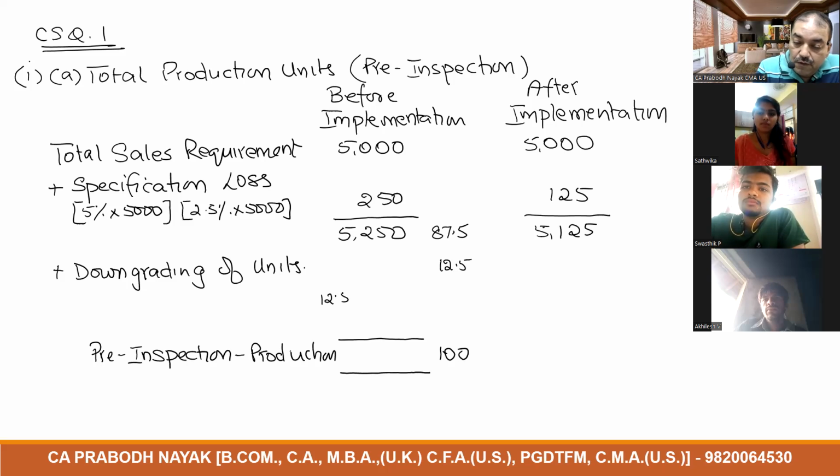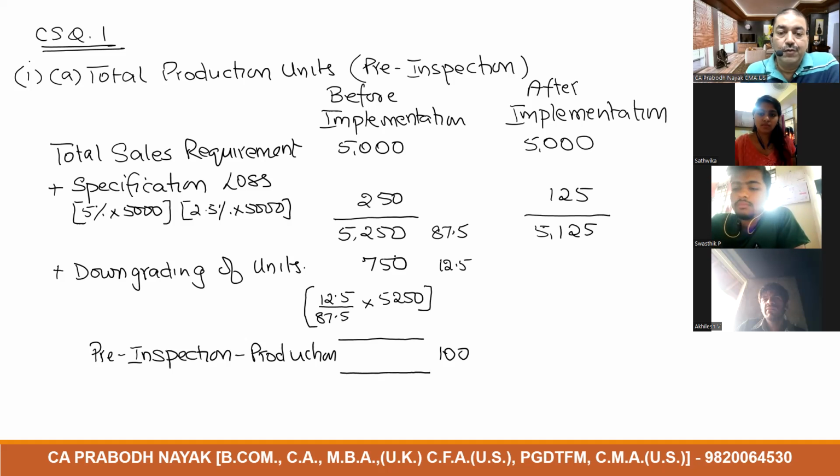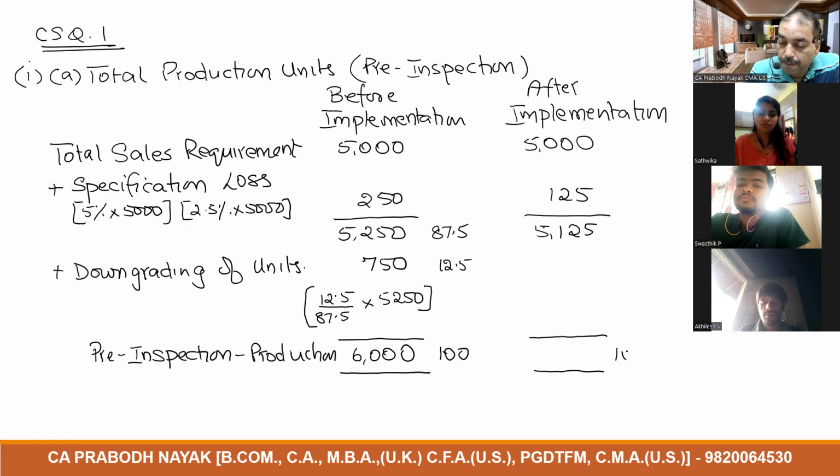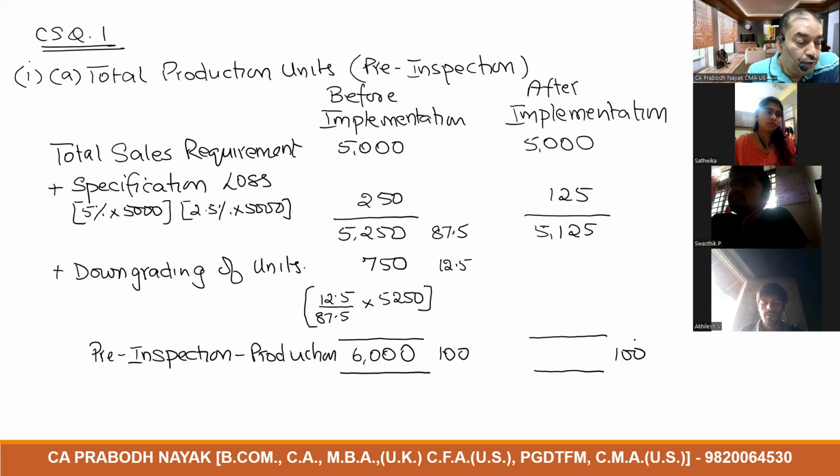So how do I show this working? 12.5 divided by 87.5 into 5,250. This will come to 750 units. Then calculate and check. 5,250 plus 750 will give you 6,000 units. We'll do the back calculation also. Now, that 12.5% is going to reduce to 7.5%.